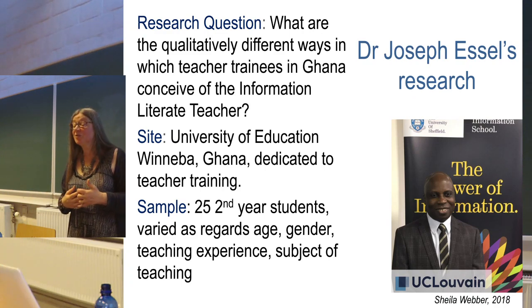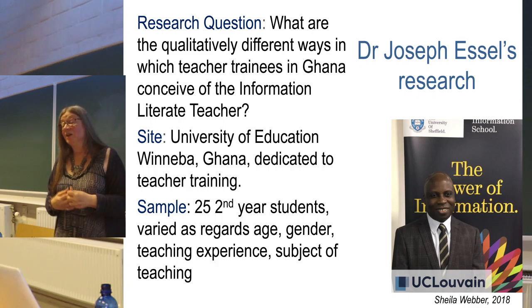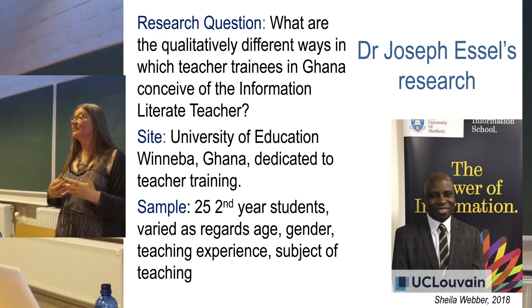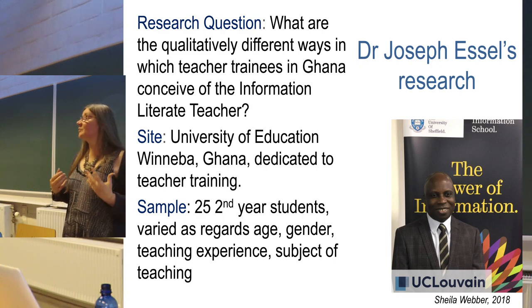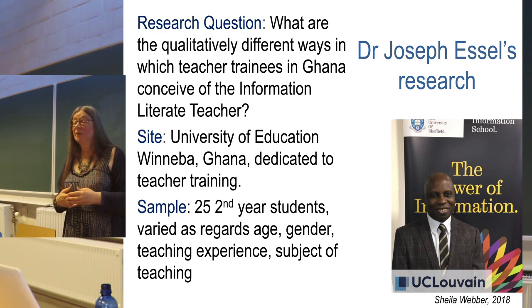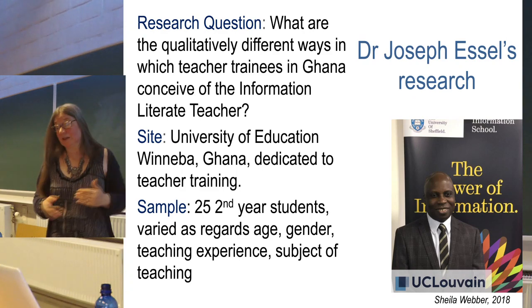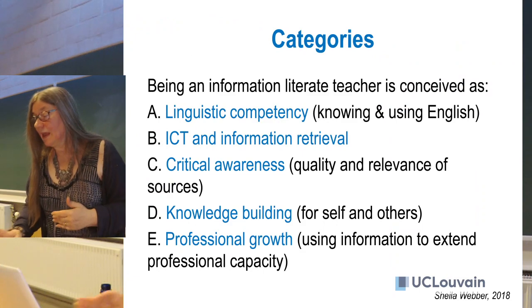And finally, professional growth, using information to become a competent professional, to function as a professional in Ghana as an information literate teacher. So, as I said, those are the categories that emerged for him.